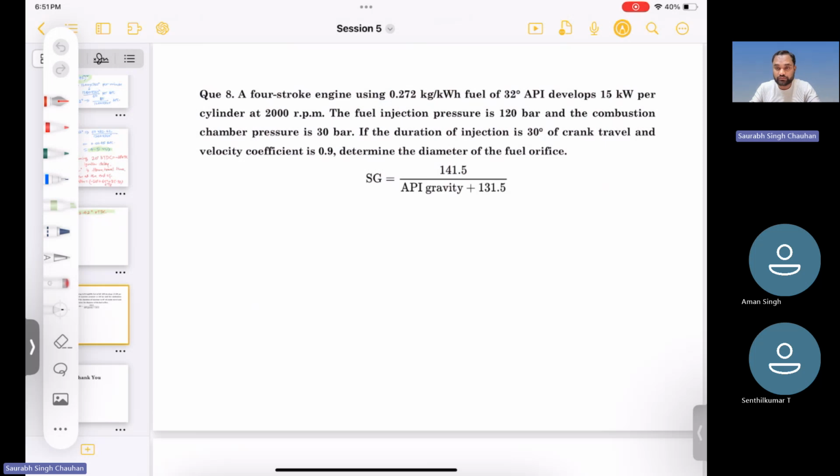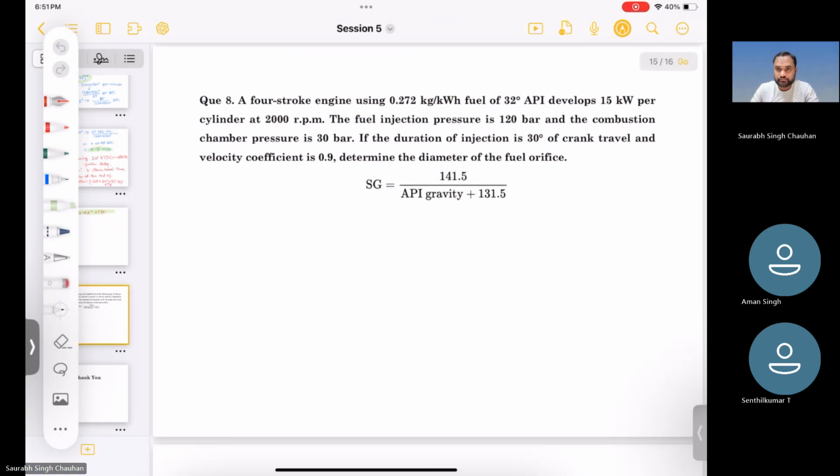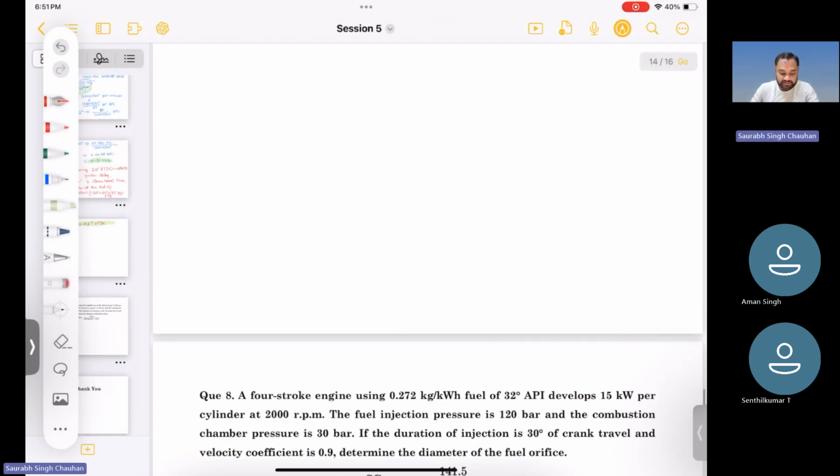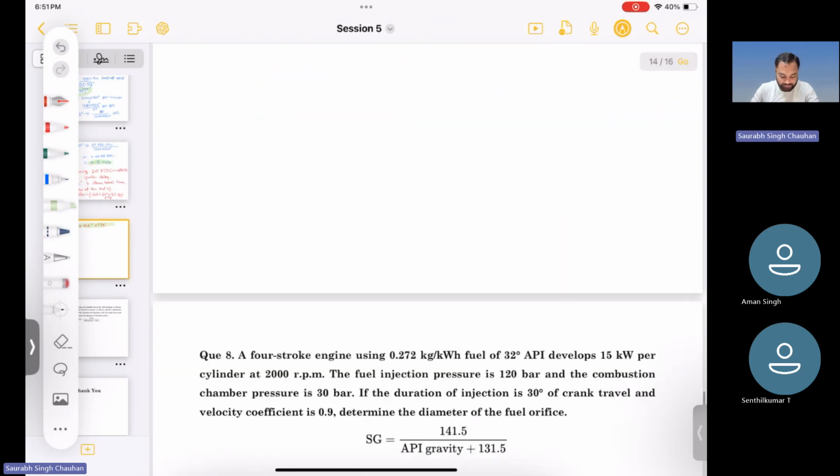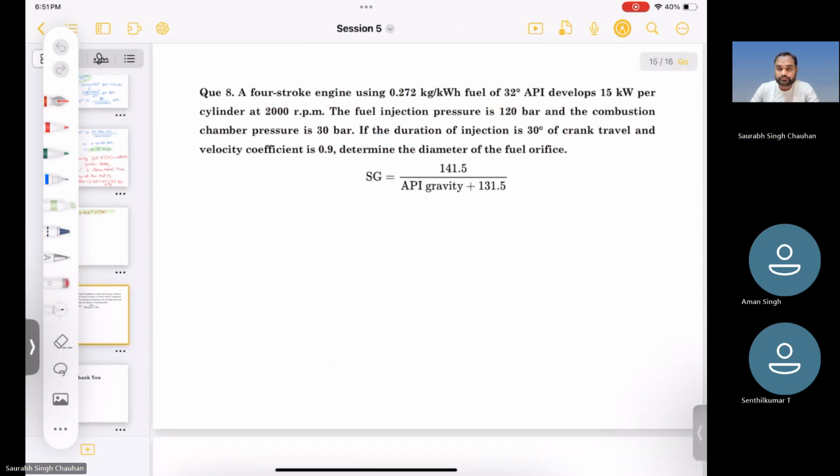If there is any doubt, please ask, or we will proceed to question number 8. I hope there is no doubt, and let us go to question number 8.